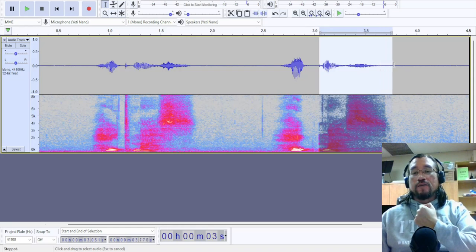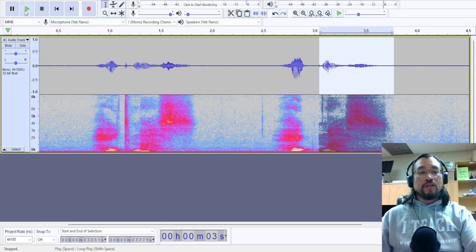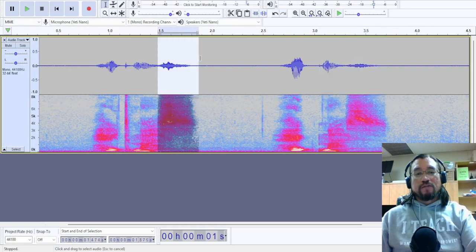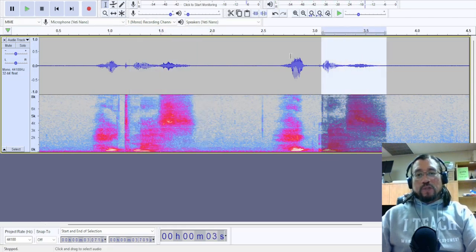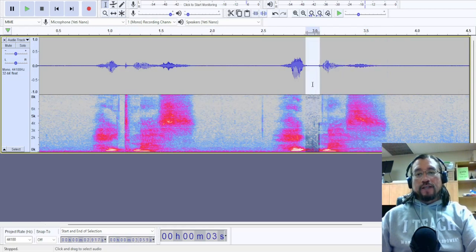And then let's listen to the rest of the accurate pronunciation. Mas. Let's listen to the end of the approximate pronunciation. Mas. That's the S at the end. Let's listen to it a little bit more. Mas. So the real difference here is that I'm inserting a glottal stop.